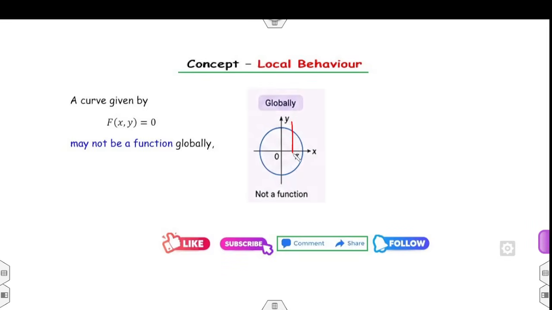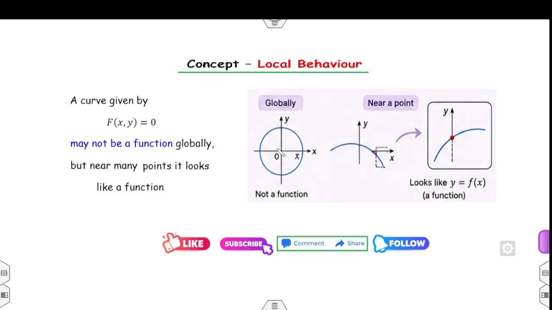If you draw a vertical line, for each x you should get a unique y, right? What is the definition of a function? Corresponding to each x you will get a unique y. But here, over each x you will get two values of y. That means it is not unique. x is unique, but y is not unique. That is not a function.